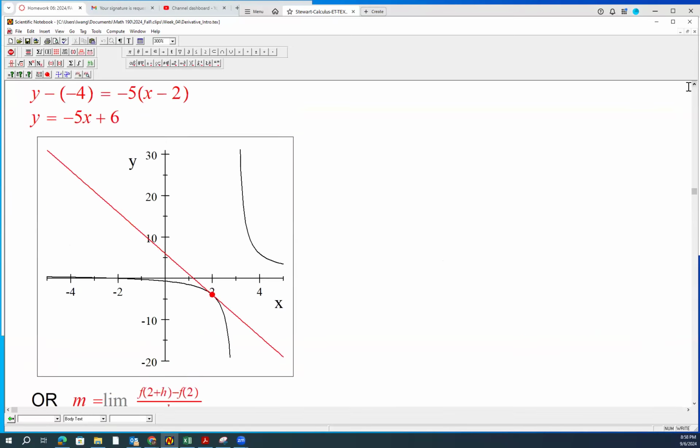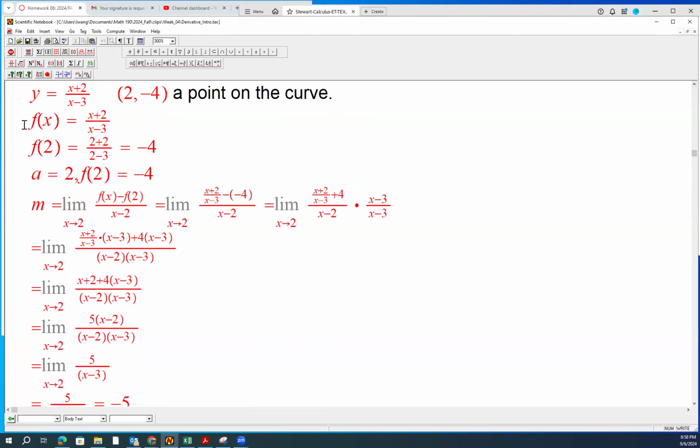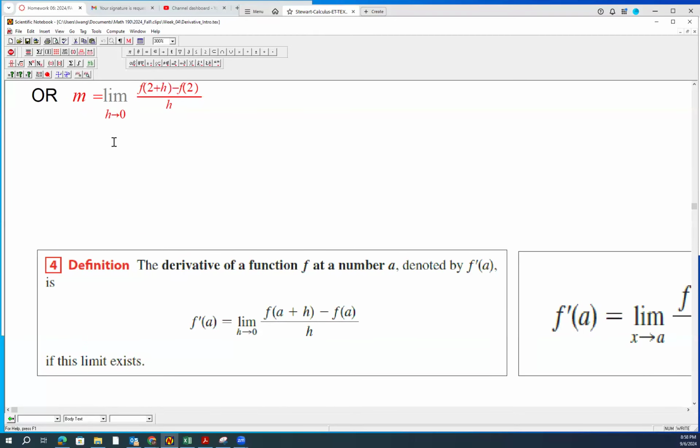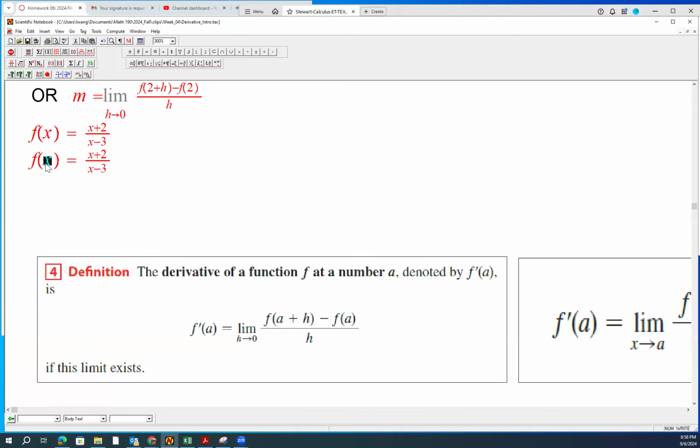Okay, to do that, we got our function. So let's see, where's our function? This is our function. Okay, so f of 2 plus h is, here's 2 plus h, and this is 2 plus h, right? And simplify this a little bit.